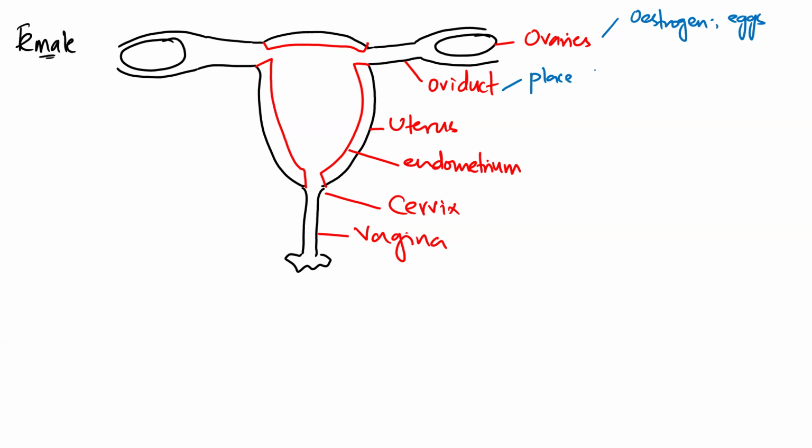Anybody? Fertilization. This is where sperms and eggs combine. Uterus is where dash occurs. Implantation. It is where implantation occurs. Implantation means when sperms and eggs combine, zygote is made that divides to make embryo, and embryo fits here.